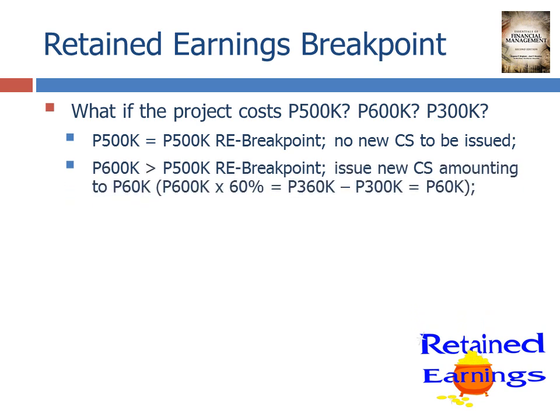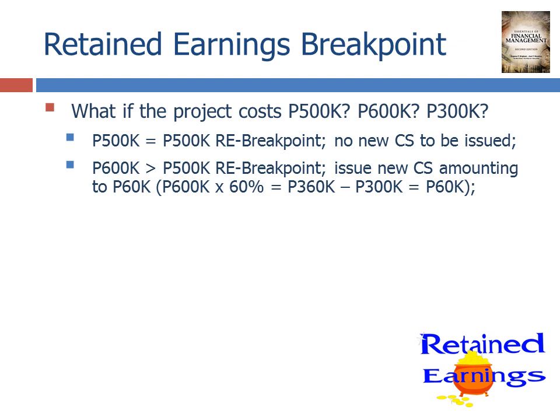If our capital is 600,000 and the equity portion is 60%, we need 60% times 600,000, which is 360,000 for the equity portion. Since our available retained earnings is 300,000, we have a shortfall of 60,000 pesos for the equity financing. So that's the portion in which we need to issue new common stock.